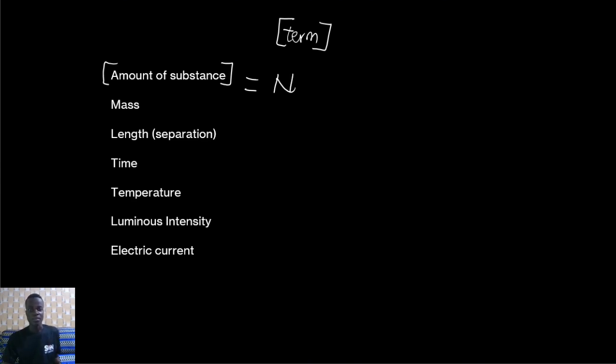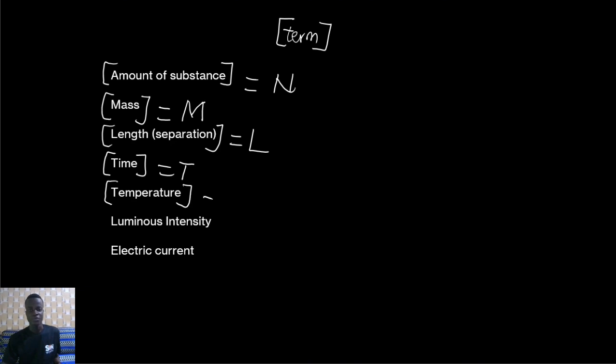Now let's talk about mass. If you do dimensional analysis of mass, you are going to have capital M. Then length or separation, which can be breadth, width, or height, are all separations, and we use capital L. For time, we use capital T. For temperature we use theta, but we will not use most of these at this level.